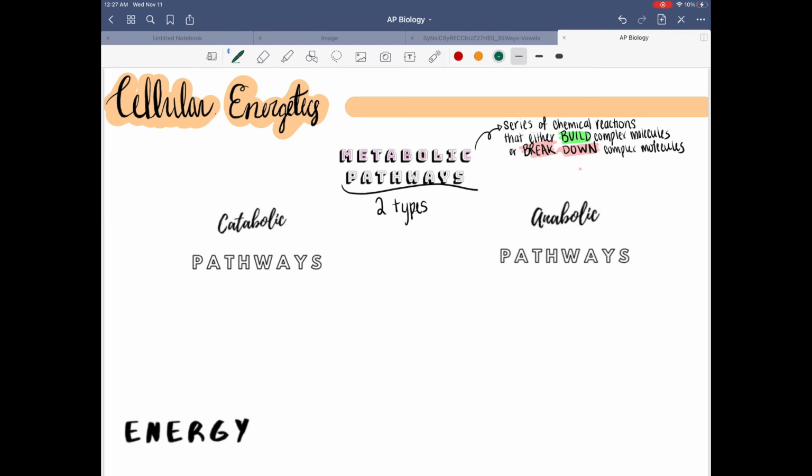Okay, so when we are looking at our catabolic, these are going to be pathways that are releasing energy when they break down complex molecules into simpler compounds.